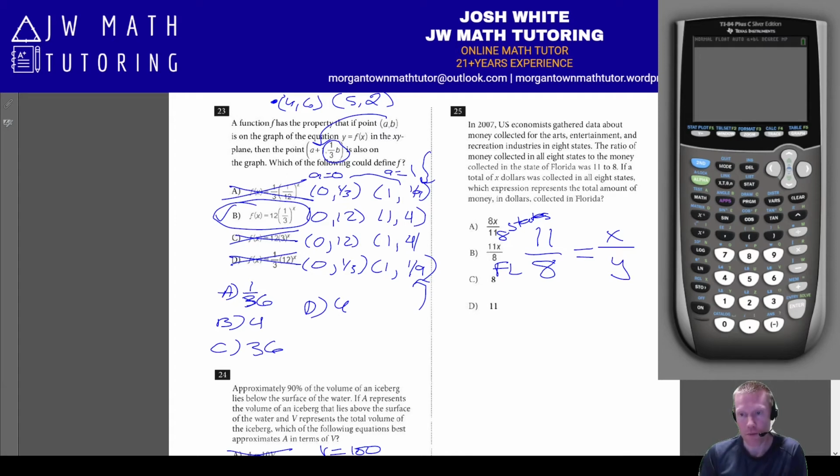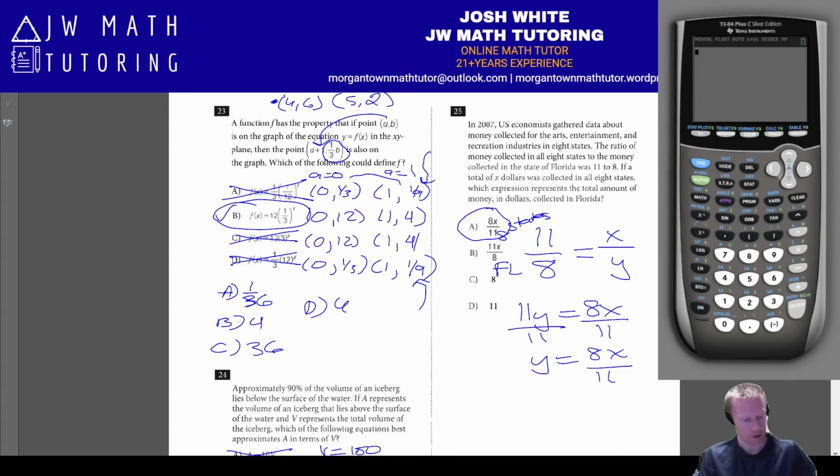And so as long as you match everything up and put the 8 states, say, both on top, and you put both Florida values on the bottom, then we can just basically cross-multiply this and rearrange it to solve for the Y, the total amount of money collected in Florida. So 11Y equals 8X. Divide by 11. Y equals 8X over 11. So the correct answer for this one is going to be letter A.